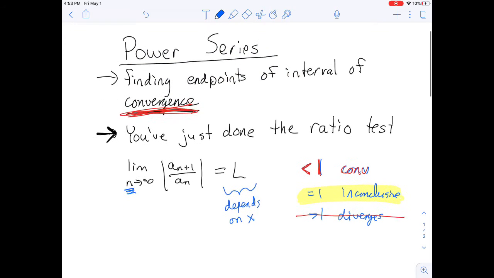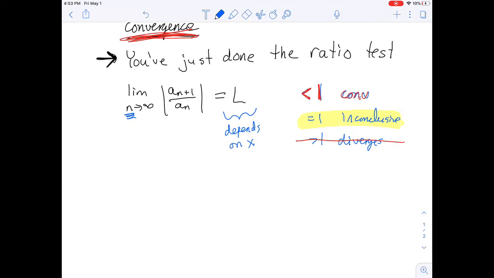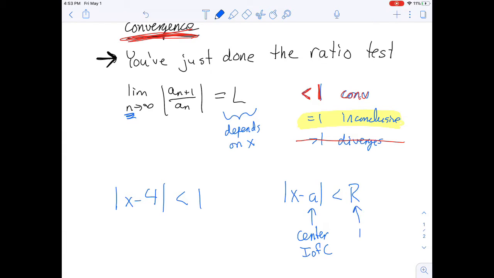All right, so I do my ratio test, and I end up with something like absolute value of x minus 4. So I know from the ratio test that I want to set this less than 1 because I want convergence. Now I'm looking for this to be in the form of |x minus a| is less than r. A is going to be the center of our interval of convergence, and r is going to be our radius of convergence.